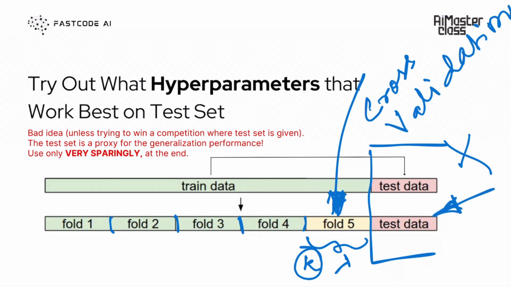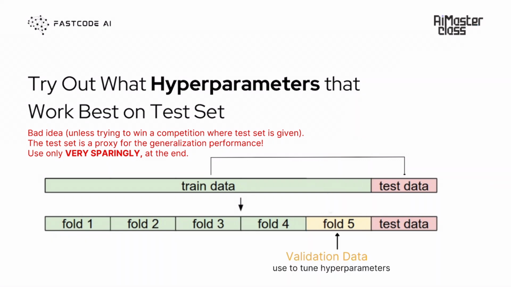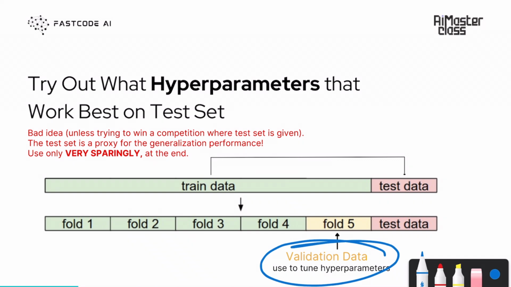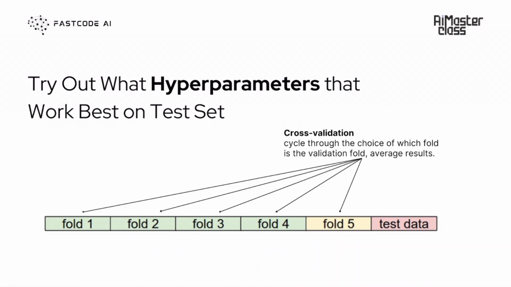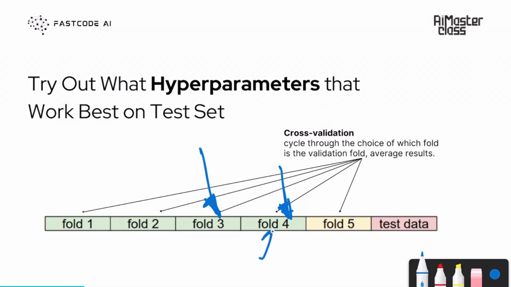But you will not do this only for fold 5. You will use this as your validation data to tune your hyperparameters, like I said. But it's not just fold 5. The next time you will use fold 4. The next time you will use fold 3. By next time, I mean the next time you train a model. So all of these are training runs. You train a model and fit it onto fold 5. You train a model and fit your hyperparameters onto fold 4.